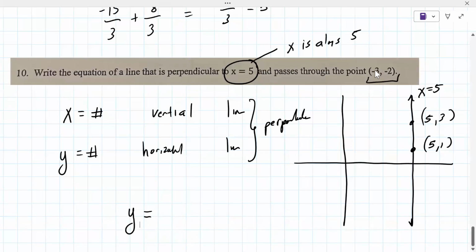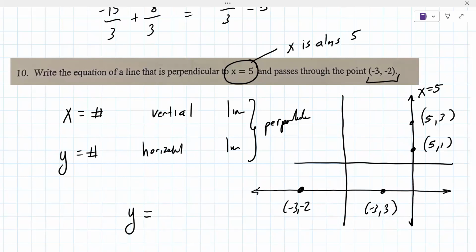Now if we graph this ordered pair, -3, -2, there's that point right there, and I draw a horizontal line through it. And then let me just graph another point on here, -3, 3. Sorry, this is completely wrong, sorry.